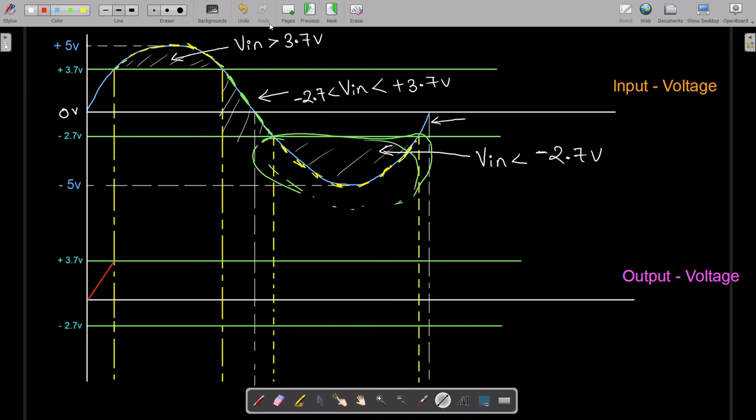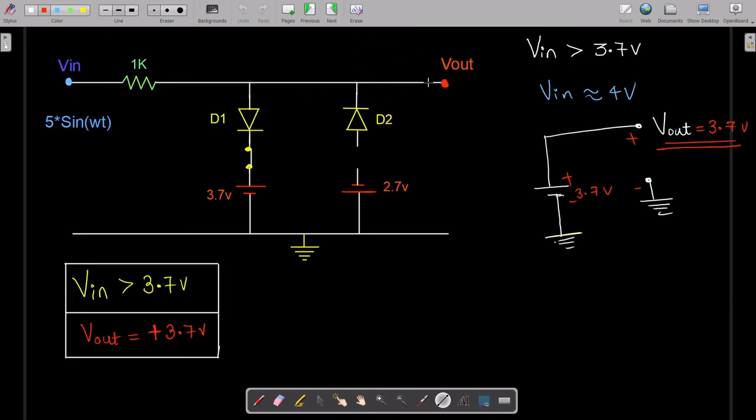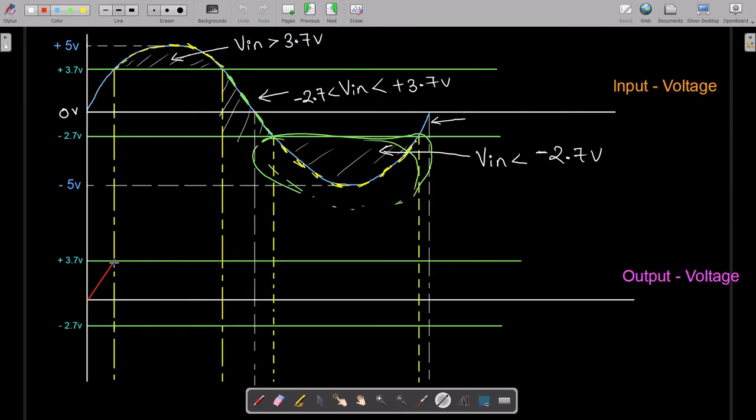Something like this. After that, when V in exceeds plus 3.7 volts, at the output side you are getting plus 3.7 volts. So we'll draw a line something like this, indicating plus 3.7 volts.